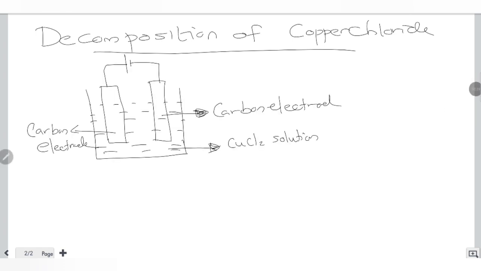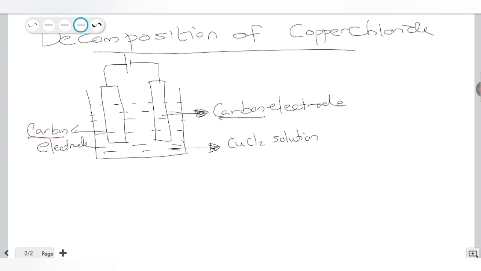So now this is the experimental setup. You can see that we have a cell with 2 electrodes, and these electrodes are made up of carbon. Very important. Why carbon? Because it is an inert substance, it won't react with anything.